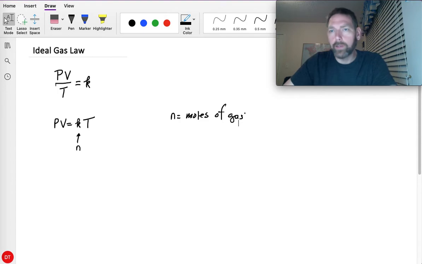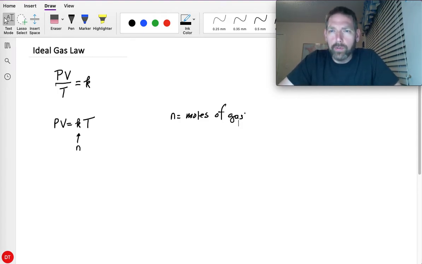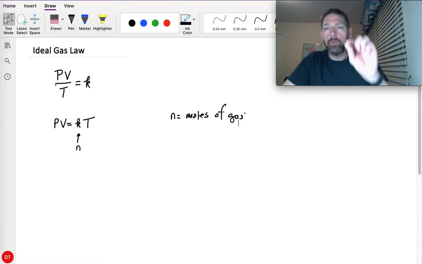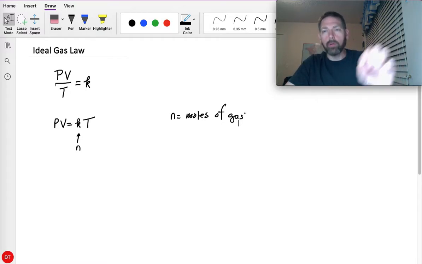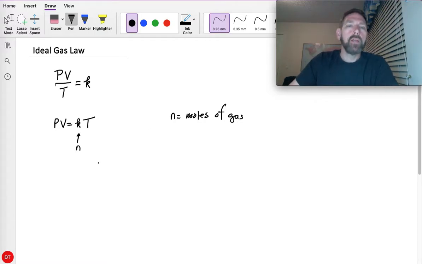Lowercase n or capital N in math tends to represent the number of something, depending on which science or math you're looking at. But as a rule of thumb, n refers to the amount of individual particles or the individual things you're looking at. Okay, so now we have PV equals nT.